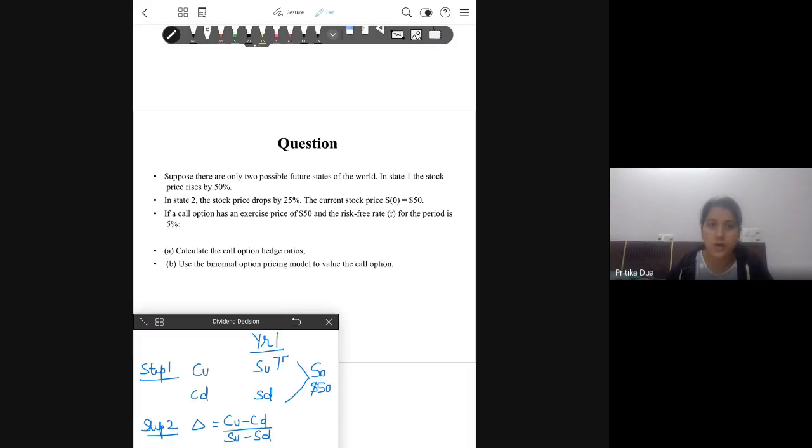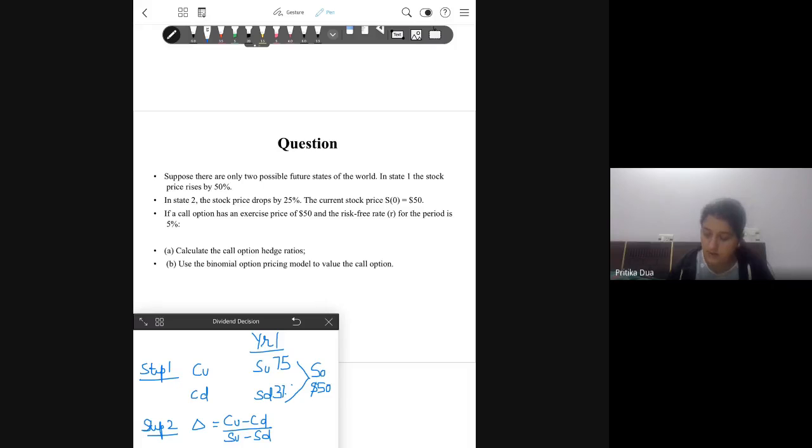So which means it drops by 12.5, then the lower possible value is 37.5, and this is the upper value, this is the lower value, and RF is given as 5%.